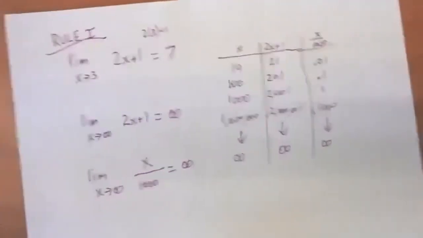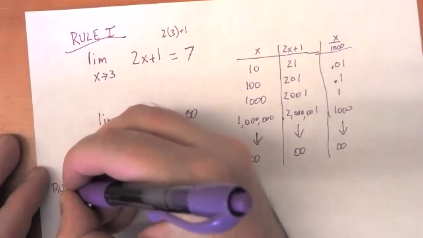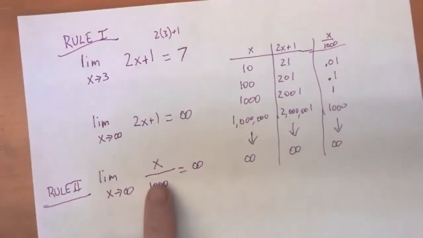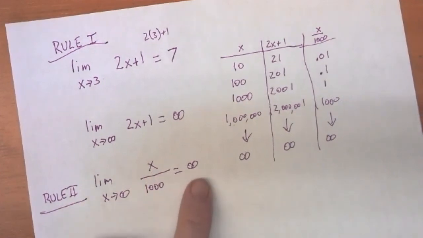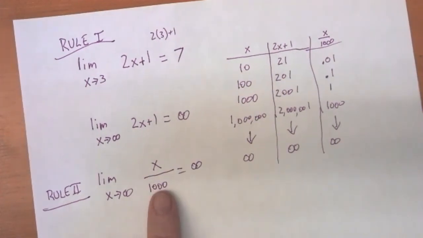And I'm going to call this Rule 2: if we've got a fraction and the numerator is approaching infinity and the denominator is just staying the same, the limit is going to be infinity no matter how big the denominator is.